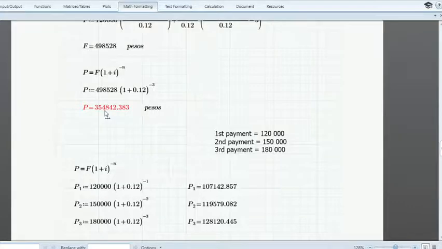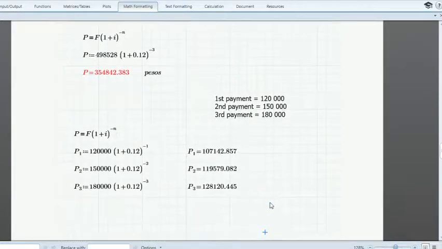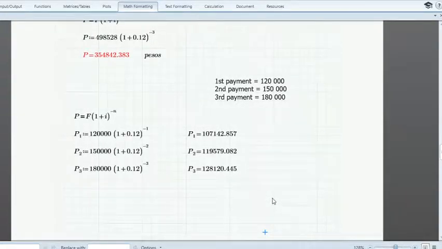Ma'am, di ba po ang final answer is 354? Wala naman po 354 dito sa tatlo na lumabas. Tama? Hindi pa kasi tapos. Kasi di ba inisa-isa mo silang dalhin sa present. So, anong gagawin mo? Kapag lahat sila ay nasa present na, i-add mo silang lahat. Pagsamasamahin mo sila. Okay?